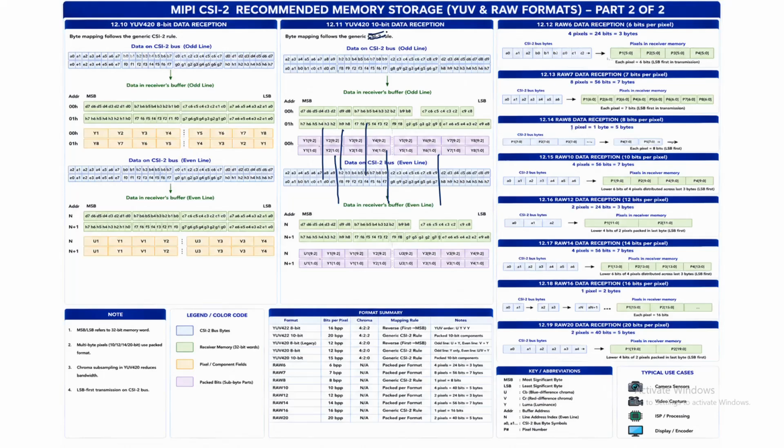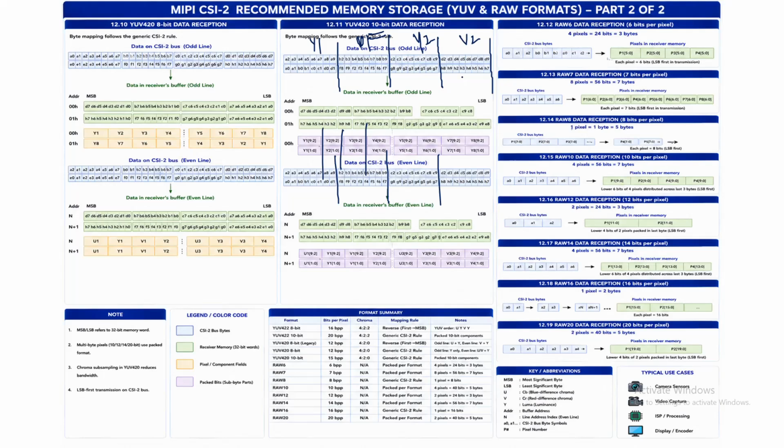In 420 reception, in this 10-bit data reception, A 2 to 9 only is transmitting Y1, and then B 2 to 9 is transmitting U1, and then C 2 to 9 is transmitting Y2, and then D 2 to 9 is transmitting V2.